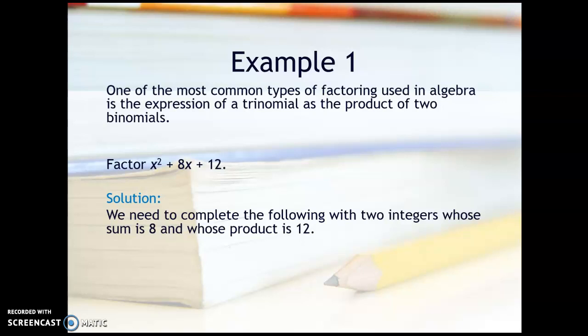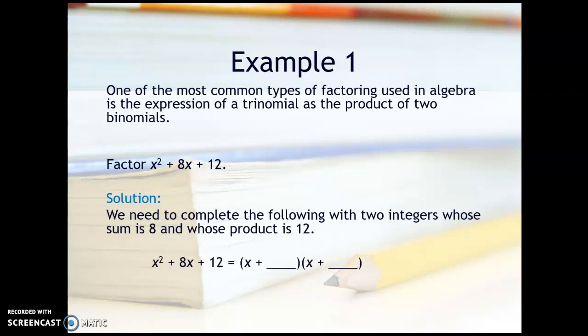But then we can't forget that when we FOIL, we have to also multiply the outside terms and the inside terms, and those typically can be combined as one term. So the sum of the products of the outside term and the inside term must add up to this middle term here, 8x. So we're basically looking for two numbers that multiplied together equal the constant, 12, but added equal the coefficient of x, 8.